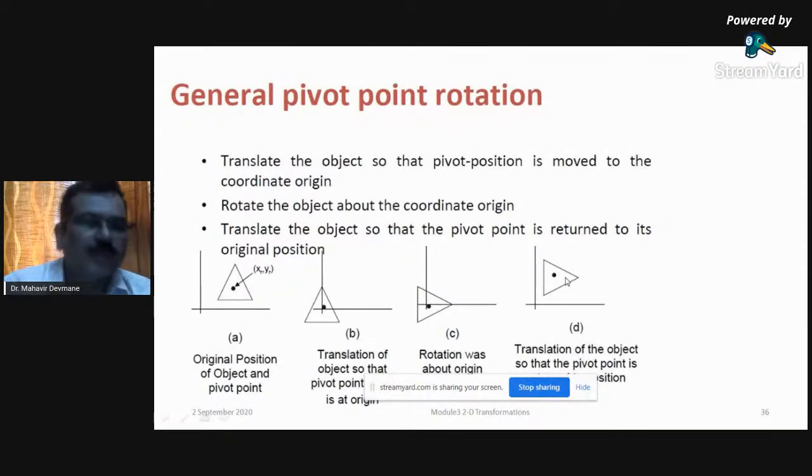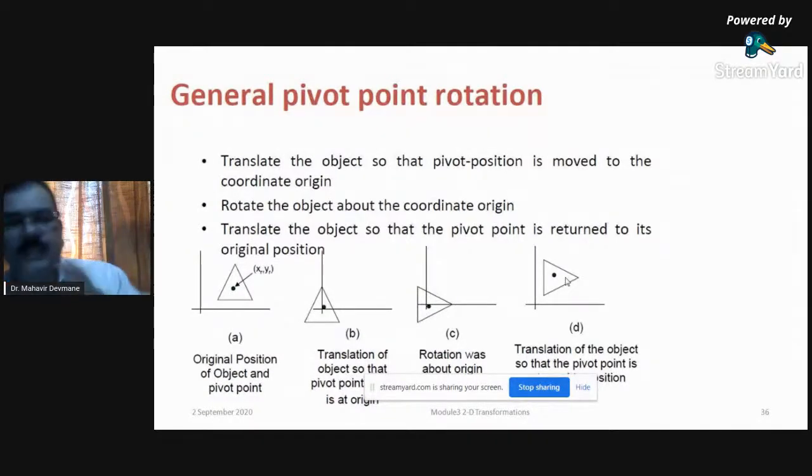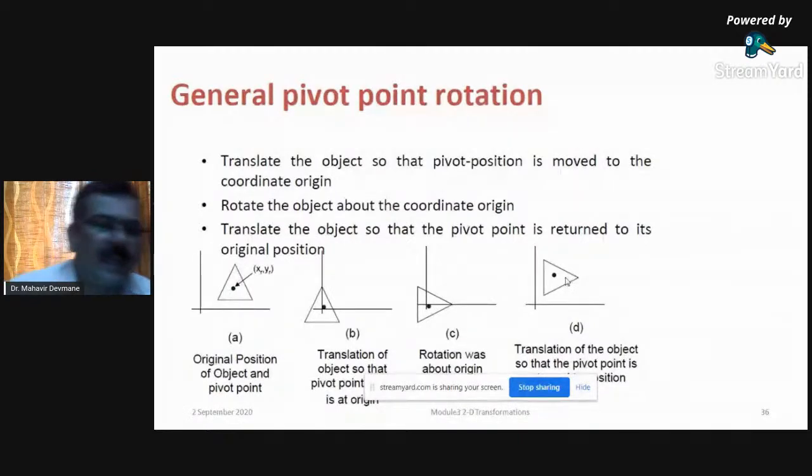Whenever you have to perform rotation of the object with reference to a fixed point, you have to perform these steps. First take the fixed point to the origin. If the fixed point coordinate values are xf comma yf, then translate it by minus xf comma minus yf, so that it will come to the origin.